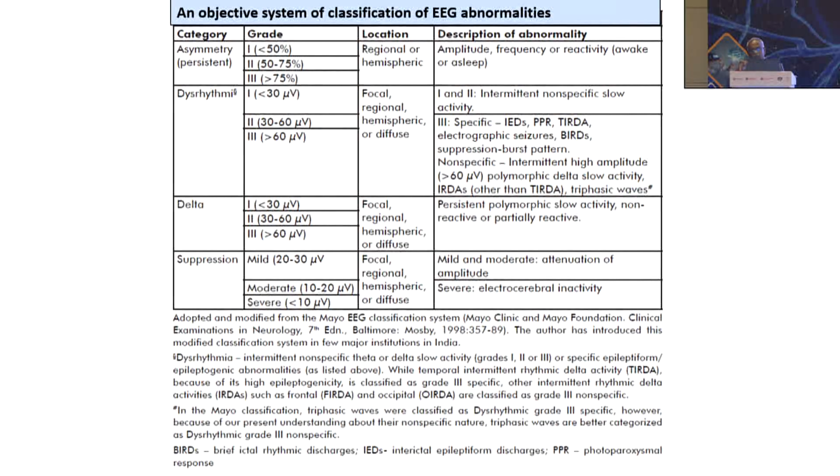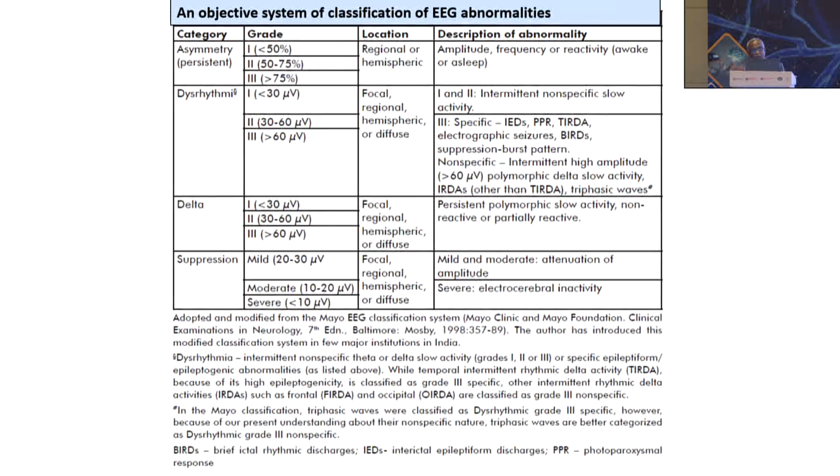So there are a few institutions which translate them into some kind of objectivity, and this is the Mayo system of classification of EEG abnormality based on their frequency, amplitude, and the way in which they are distributed. This brings more and more objectivity to the EEG reading within that institution, because every consultant, for example in Mayo, has to follow that, so the inter-reporting discrepancy won't be there.